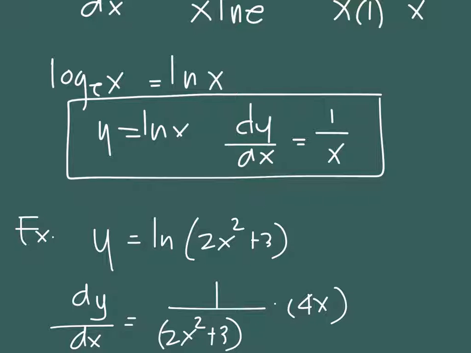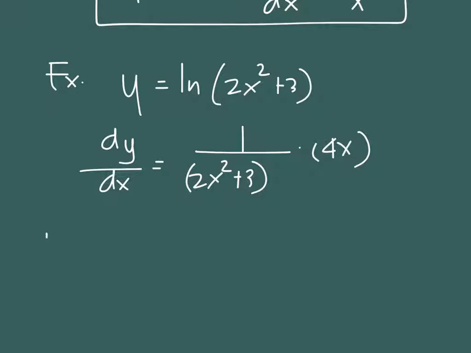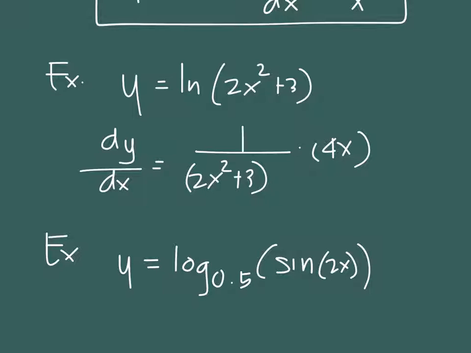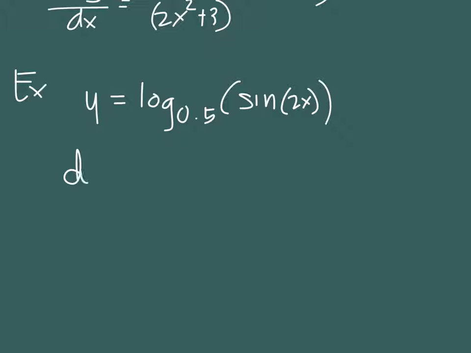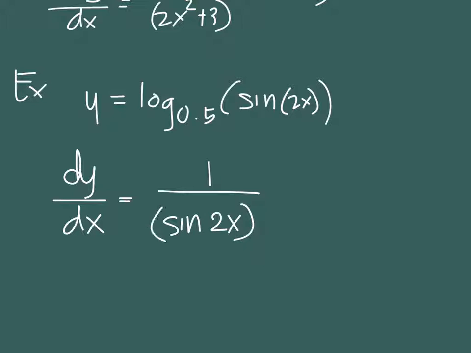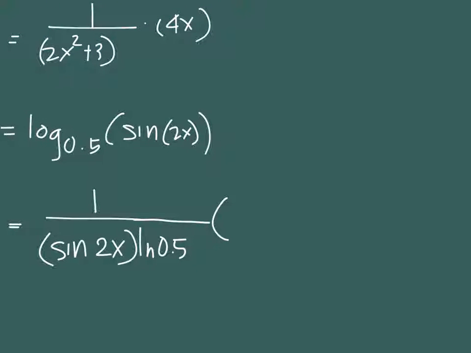Okay, can you follow? Or if it is written in terms of log base 0.5 of sine 2x, then dy over dx is equal to 1 over sine 2x ln of 0.5, times, there's a tail, cosine of 2x, and also times 2.